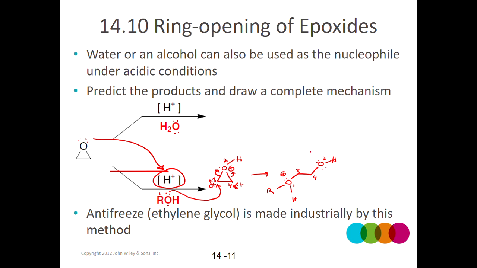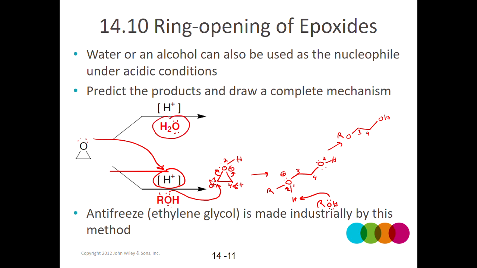And so in the last step, another ROH, we have to pick off that proton to balance that charge out. So then between carbons 3 and 4, there'd be an OH on one, and an OR on the other. So in essence, I've made an ether and an alcohol on the same structure.